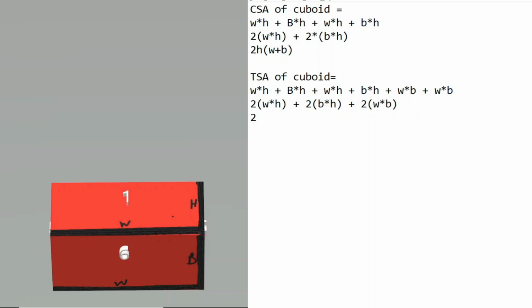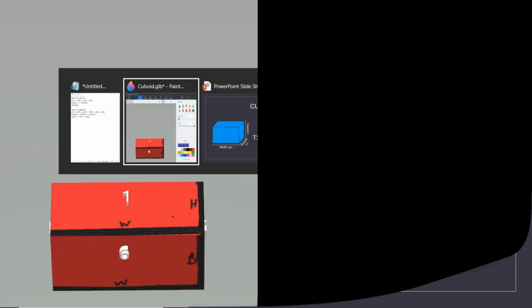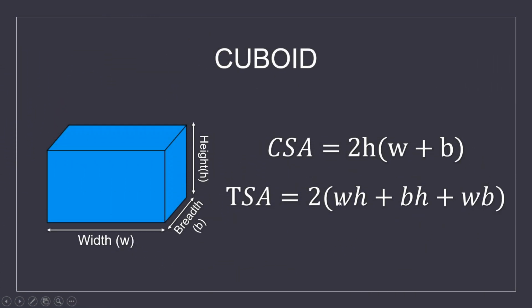So 2 the whole times width into height plus breadth into height plus width into breadth. So this is our formula of the total surface area of a cuboid, right? You can write it anyhow.